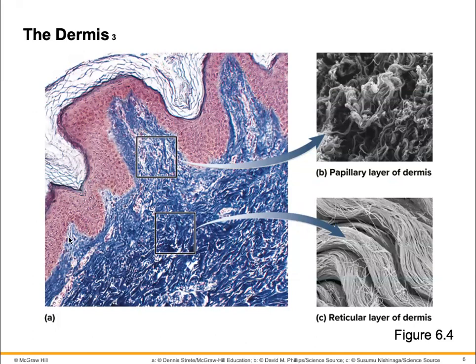These little extensions of the dermis are referred to as the papillary layer. Specifically, it has connective tissue in the form of loose connective tissue, or the areolar tissue. It allows for leukocytes and other defense cells to move around, and it's rich in small capillary blood vessels.